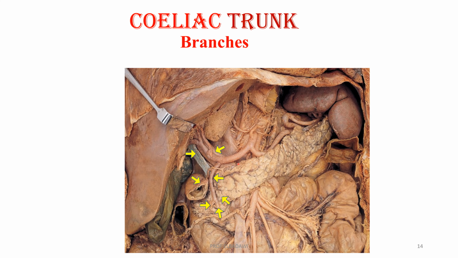The second branch is the gastroduodenal artery, which we can see over here. It arises above the first part of the duodenum, then descends between the first part of the duodenum and the neck of the pancreas, lying on the left side of the common bile duct and in front of the portal vein.